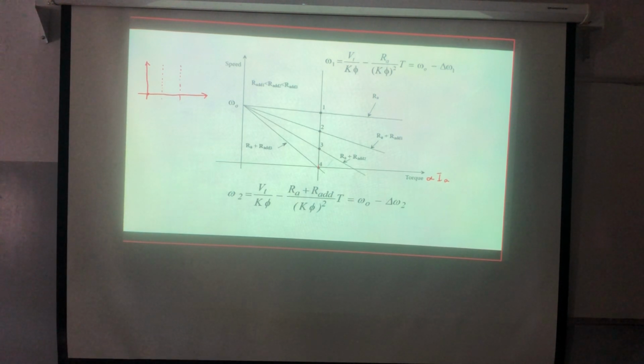I need to reach, let's say this one here, the rated point, such that the current is never allowed to exceed twice I rated. I'm assuming that this line is for I rated, and this I need to do by adjusting the armature resistance.